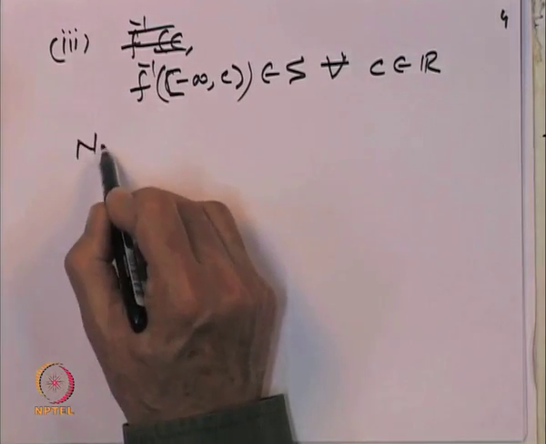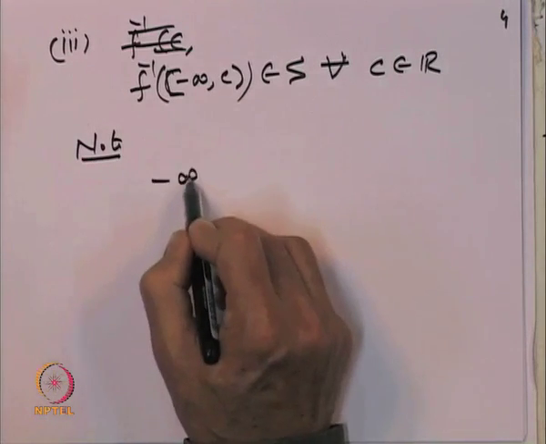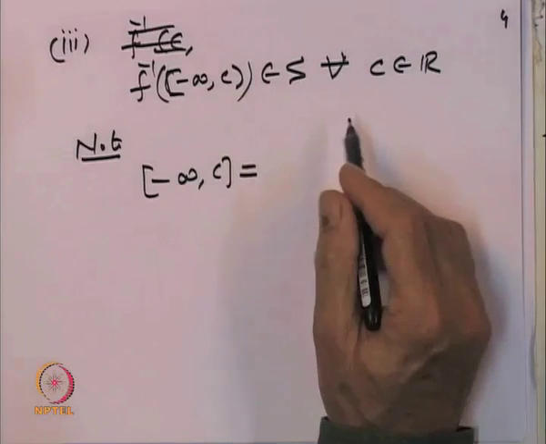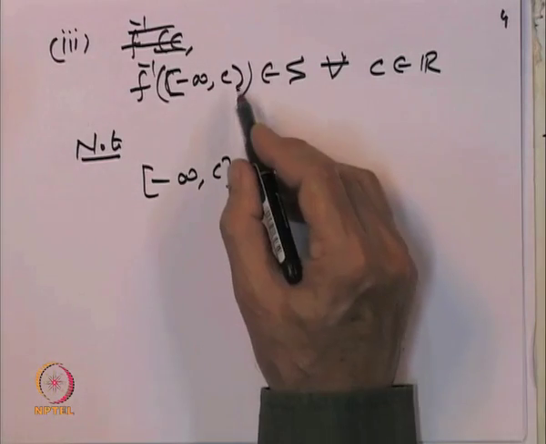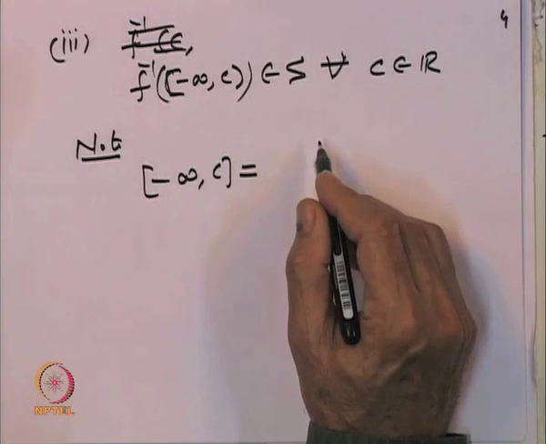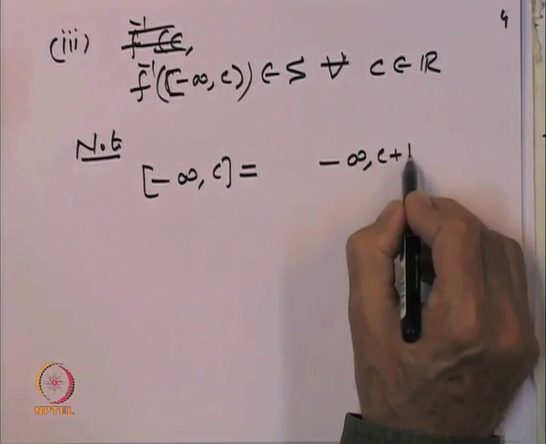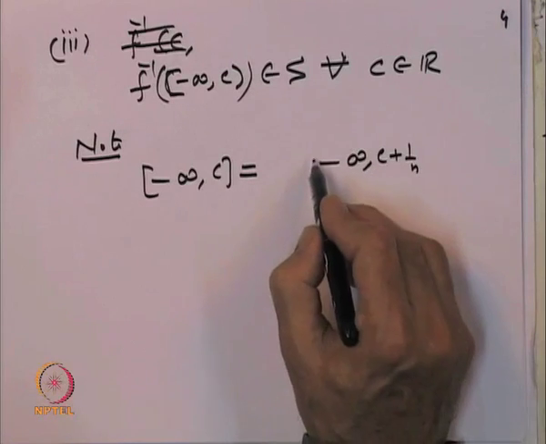So, once again note that the closed interval minus infinity to c is equal to, we want to include the point c inside. So, it is nothing but look at minus infinity to c plus 1 over n, the open interval.